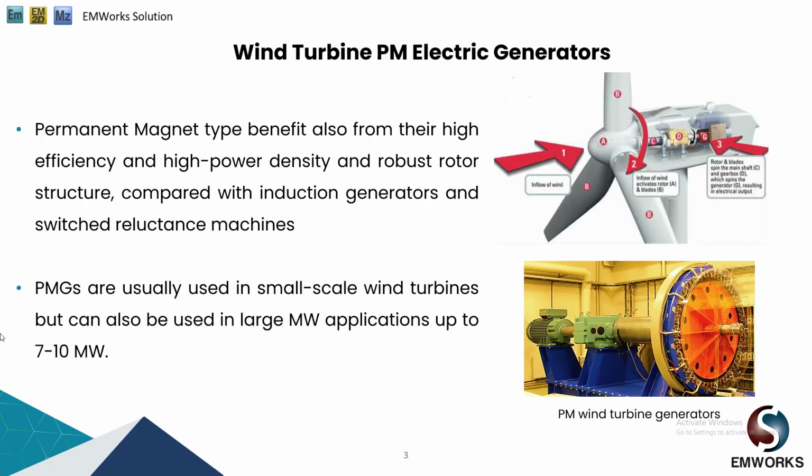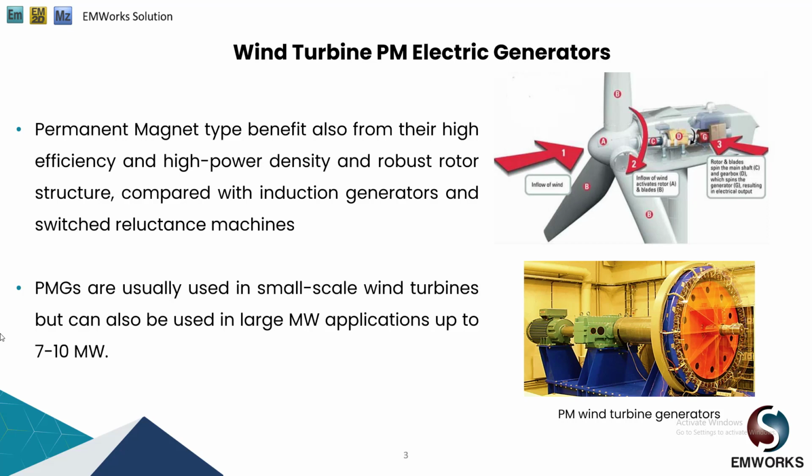Wind energy is one of the best technologies available today to provide a sustainable supply to world development. In terms of the generator for wind turbine application, there are different types of wind turbines such as fixed speed wind turbines and variable speed wind turbines.